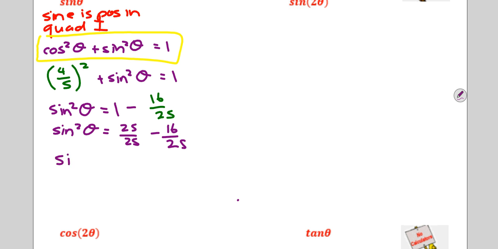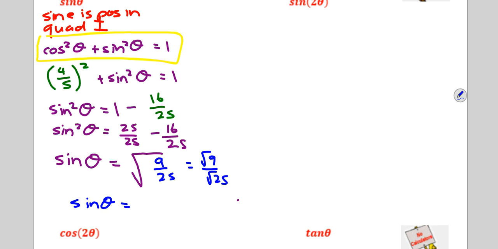To save space, go straight to sine theta equals the square root of 9 over 25. Remember, you can break the square root up into the square root of 9 over the square root of 25. So what does that equal? 3 over 5. Good.